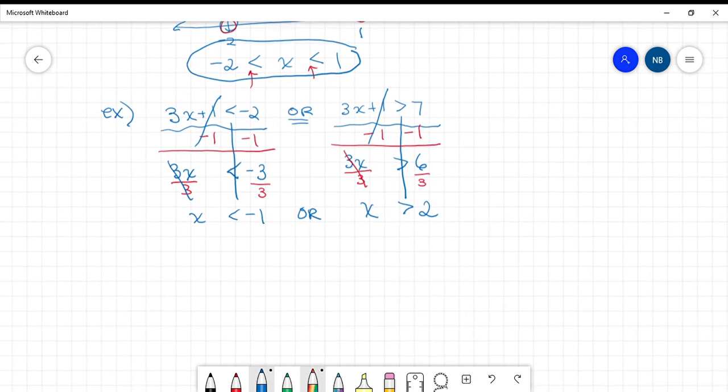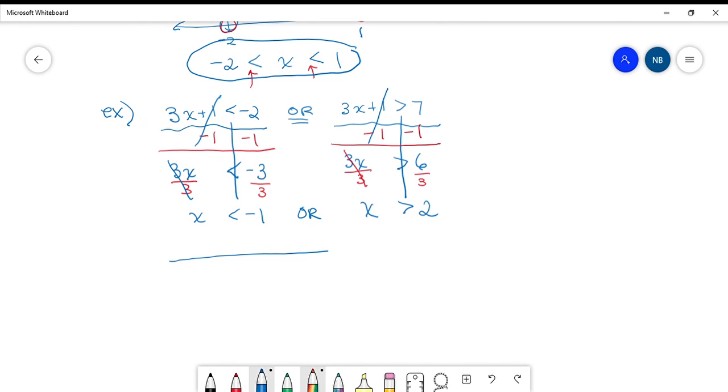Let's draw a graph and see why we can't write this as a three-part inequality. Negative 1 is here, positive 2 is here. Neither of negative 1 or 2 happens to be included in our solution, so they both get open circles. Now, this first inequality says x is less than negative 1.